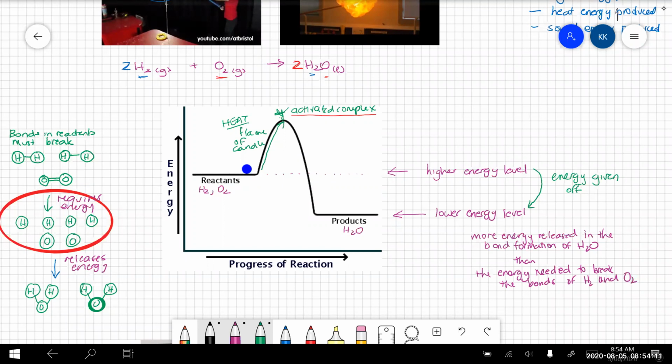And that's why we see that exothermic reaction. So here is where energy is released as the new bonds form.